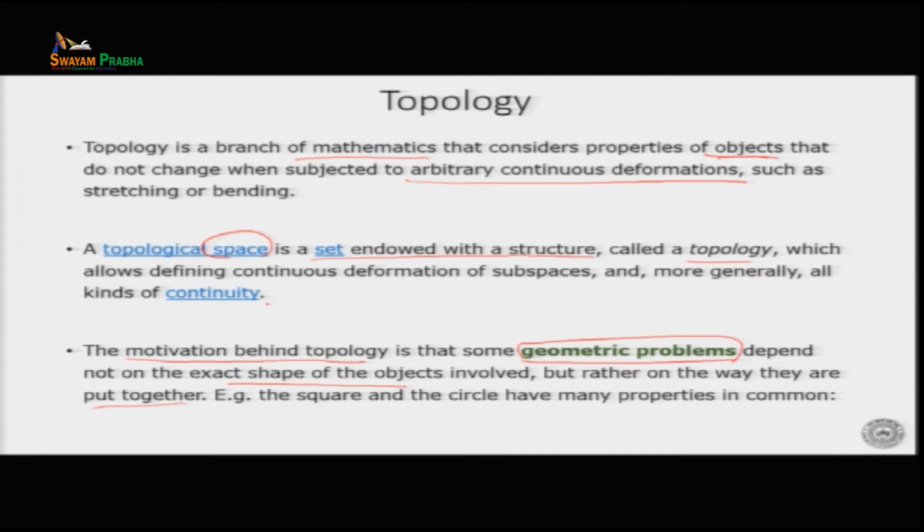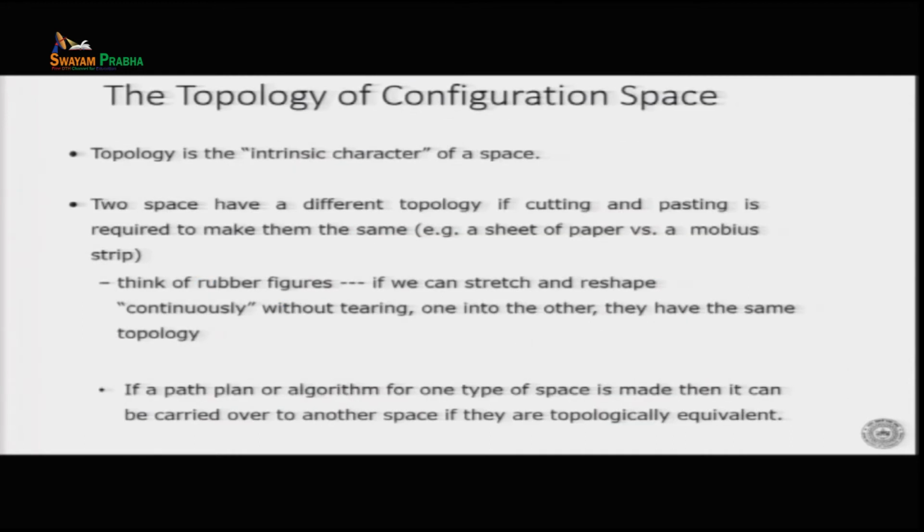So today we are trying to look at the structure of a topological space. This is to convince you that this is essentially a geometrical problem, and that is the reason we are going to topology now, and we are talking about the topology of configuration space.